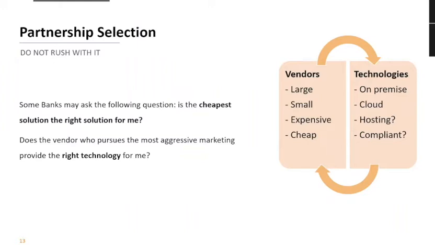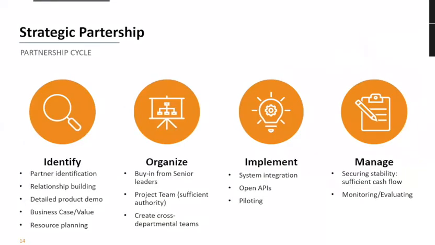So the thing is that when an institution is selecting a partner, they should not rush with it. Some banks may ask the following questions: is the cheapest solution the right solution for me? Does the vendor who pursues the most aggressive marketing provide the right technology for me? So this has to be very well assessed.